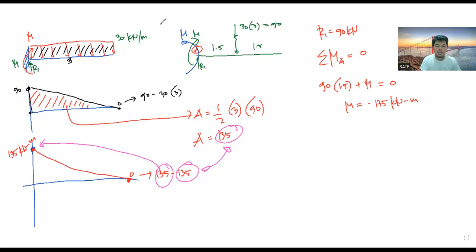So if we try to look at the allowable shear stress, that's 150 megapascal. That's 3V over 2A.